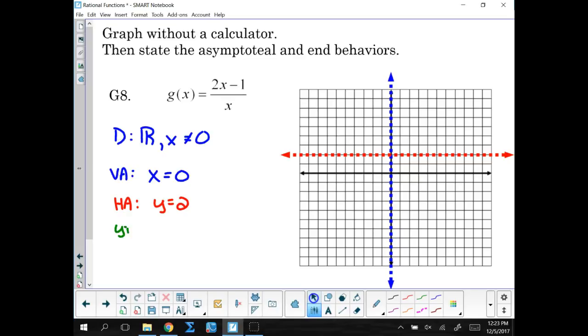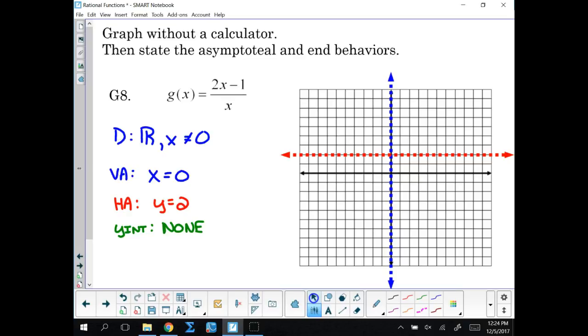What's my y-intercept? Why is it none? Because the y-axis is the vertical asymptote. So the graph can't be on a vertical asymptote, so my y-intercept is non-existent.